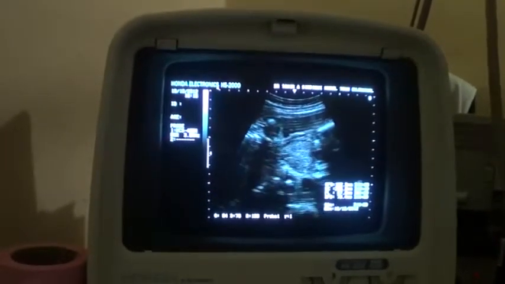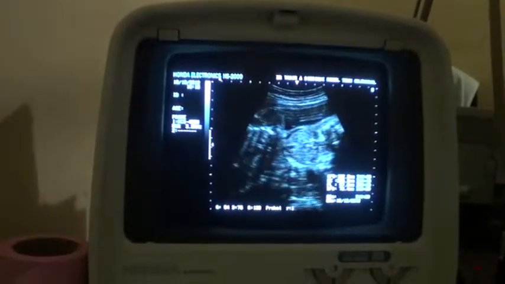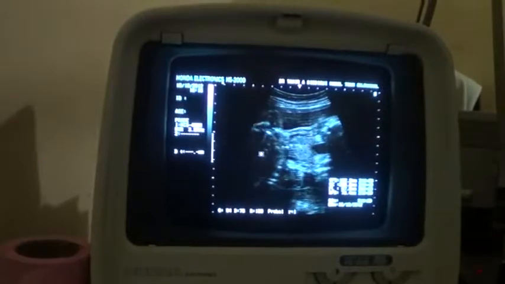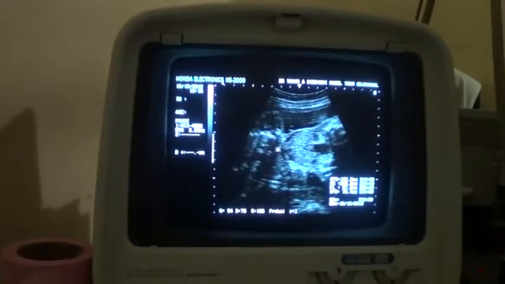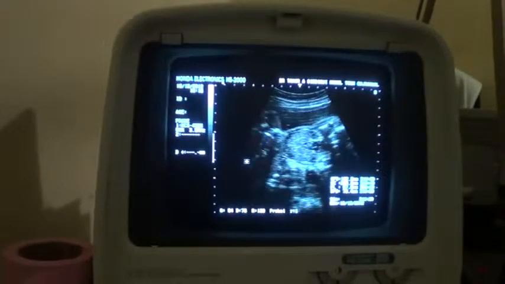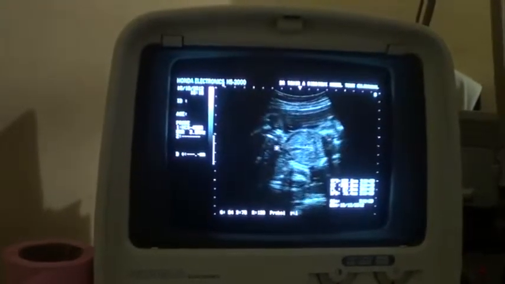Here we are. Now you see that this is the cardiac activity of the patient. This is the heart of the patient. You can see the cardiac flicker, even here you can see the cardiac flicker.